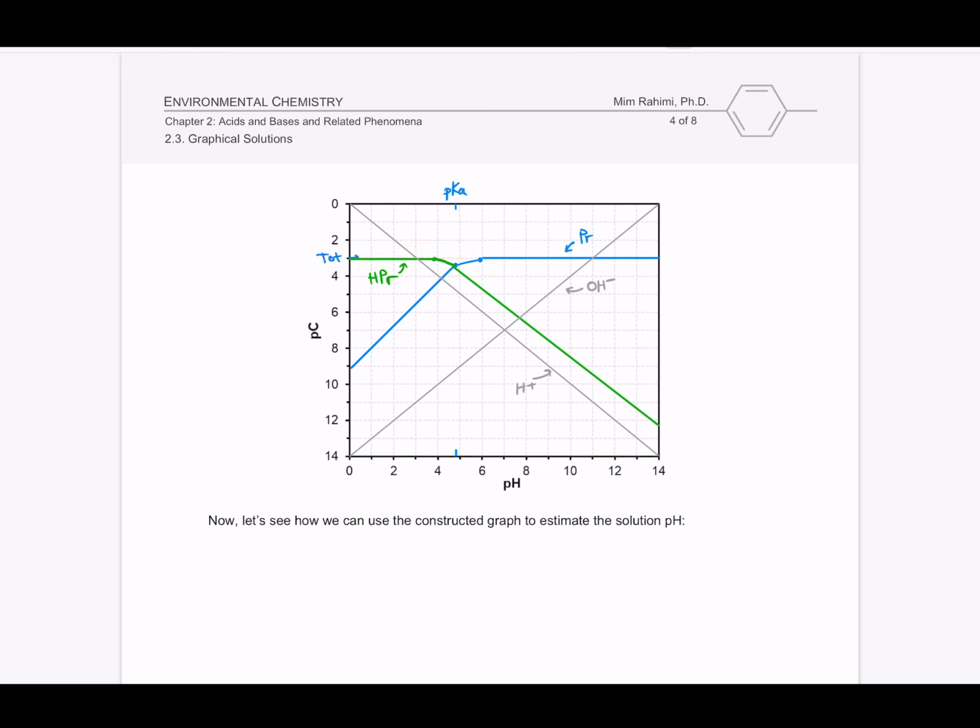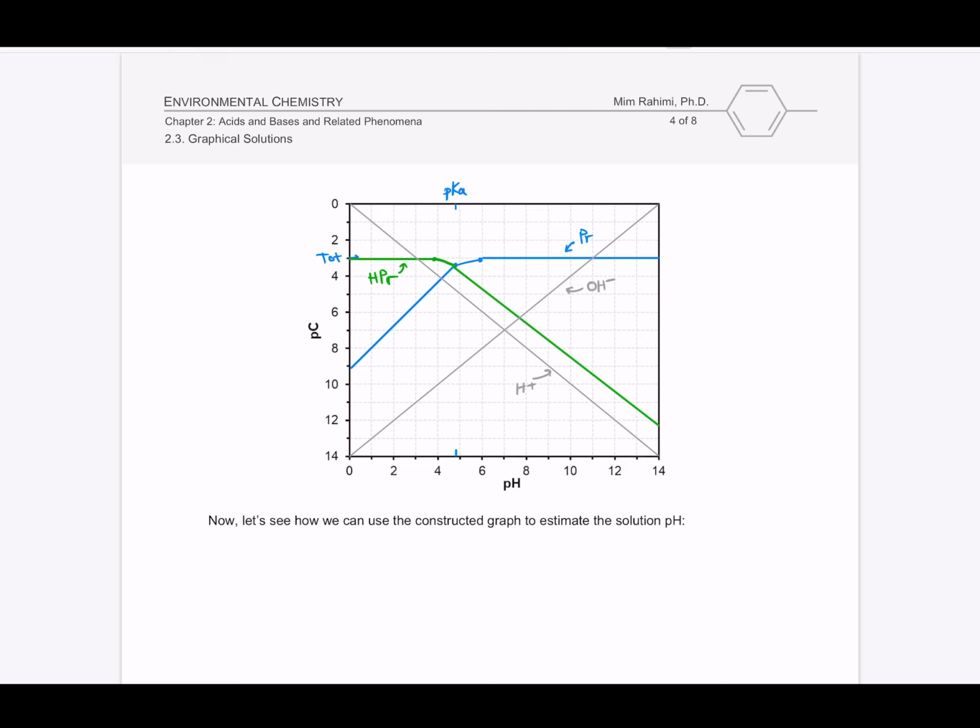But we actually didn't consider charge balance, or we didn't answer this question that if we add 10 to the -3 of the total, what would be the pH? Where is the pH in this graph? So that's sort of not an information that is readily available for this graph.